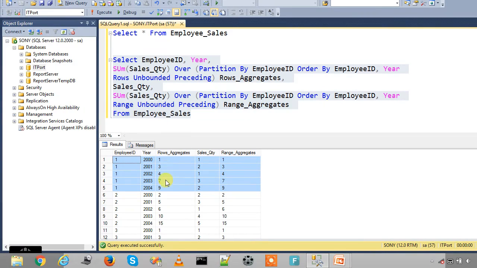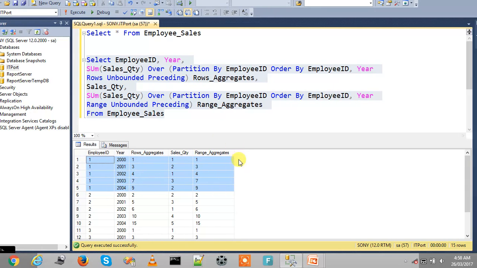There is no change, because the ROWS aggregate between the mentioned range, that is unbounded preceding, means the current row plus unbounded preceding. So it calculates the sum up to these years. So these are the same.